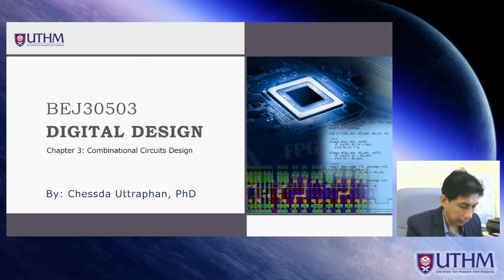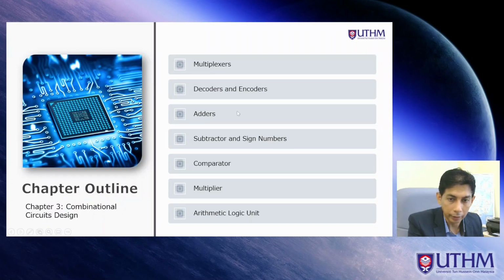Okay, so today we are in chapter 3. Chapter 3 is for combinational circuit design, and this is the chapter outline. We will have multiplexer, decoder and encoder, adders, subtractor, comparator, multiplier.